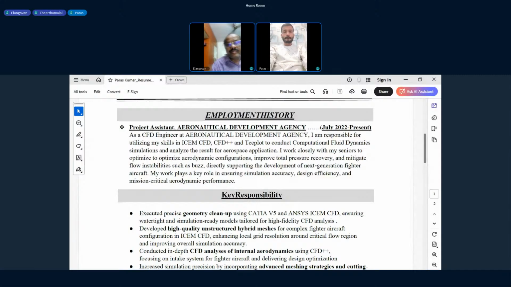So out of these two, the elevator on the rear side and the canard, which is beneficial in terms of producing lift? In a missile, if you take one is canard control, the other is tail control. Which is beneficial? Sir, the elevator is beneficial because the canard we are using mainly for maneuverability.